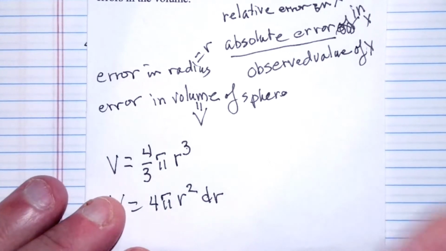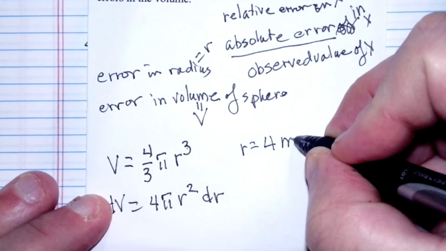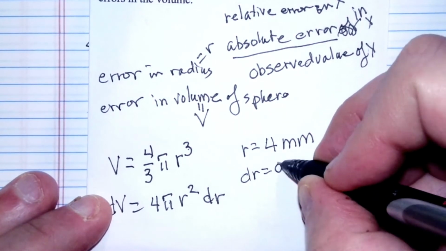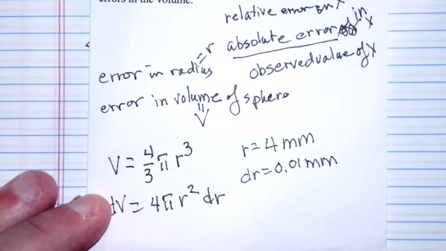What do we use for dr? Well, r is going to be 4 millimeters, and then dr is going to be 0.01 millimeters. If you want to call it plus or minus, that's okay. Or you can leave it off, and I don't have a problem with that either.